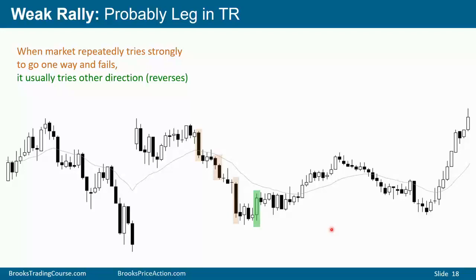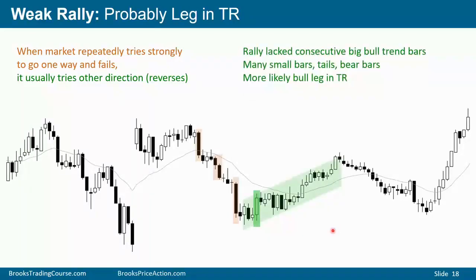When the market tries repeatedly to do something and fails, it usually then tries to do the opposite. It usually reverses. Just like the bears had bad follow-through all the way down, and it led to a reversal, this sell-off became a bear leg in a trading range. The rally has problems as well.